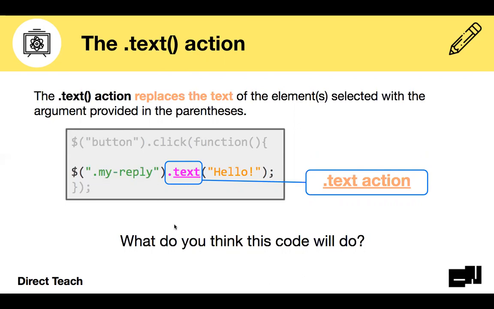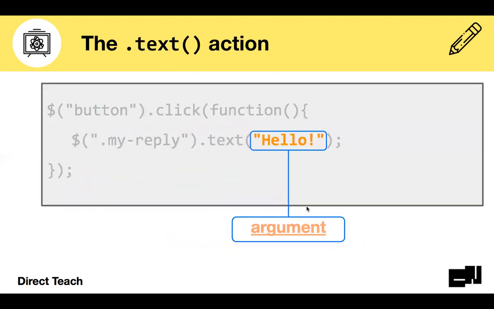Maybe it said something different before, but once you click this button, whatever was in .myReply, whether that's a div or h1 or whatever, that text is going to change to hello because of this .text action and because of what we put as its argument. And once again, what's in parentheses after the .text action, that jQuery action, is called the argument. That is what we're changing things to.